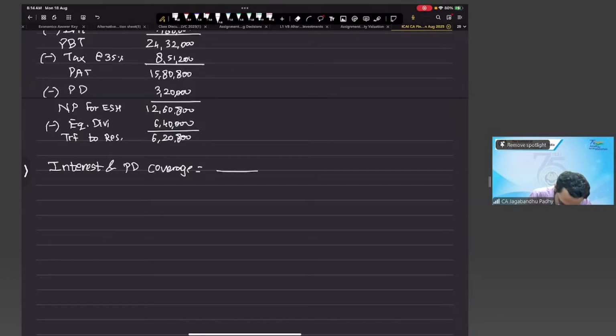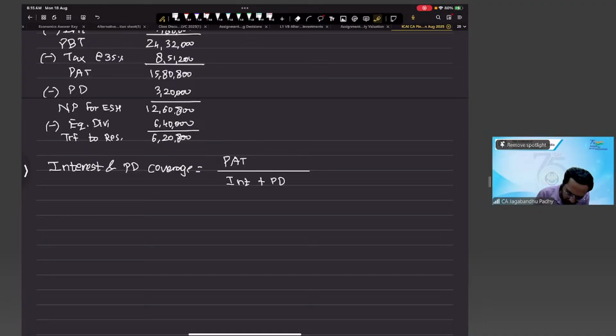I need to check the preference dividend and interest coverage, so interest plus preference dividend is the denominator, and in the numerator, we want to know how much funds we have to pay this. Not preference share capital, EBIT. I need to know the amount of profit or earnings or cash flow that I have to pay interest and preference dividend. So for that, we do it like this.